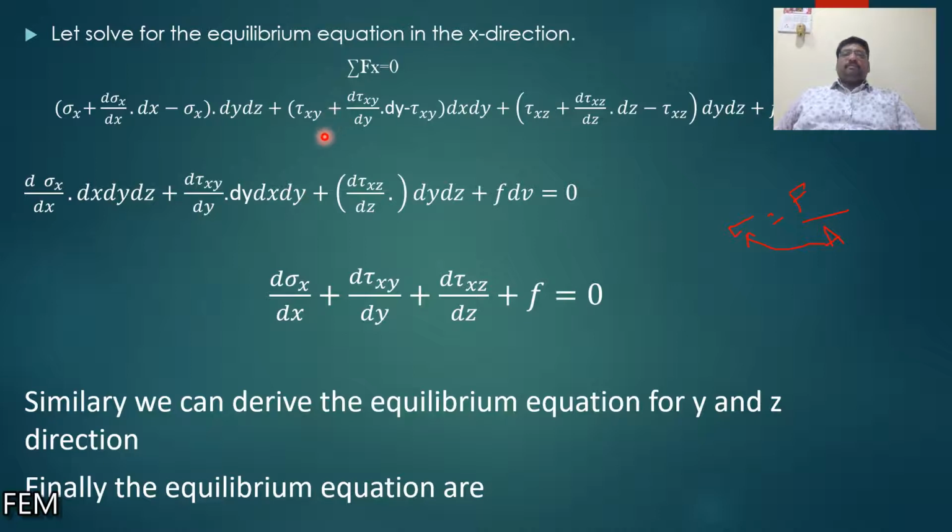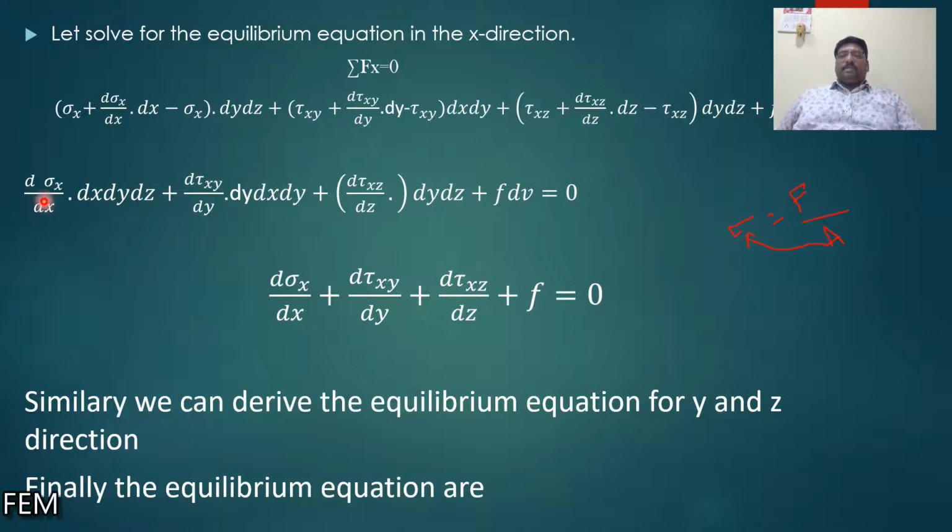Similarly, the shear forces are developed in the xy plane and xz plane. The body force acting is f of x into dv. Finally, substituting all the equations, sigma x and minus sigma x cancel, tau xy and minus tau xy cancel, tau xz and minus tau xz cancel.